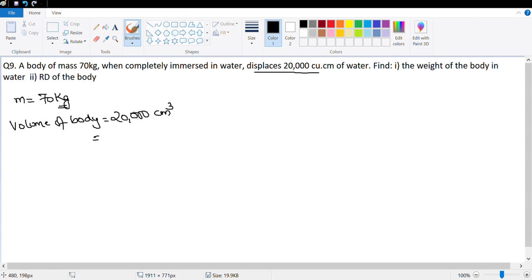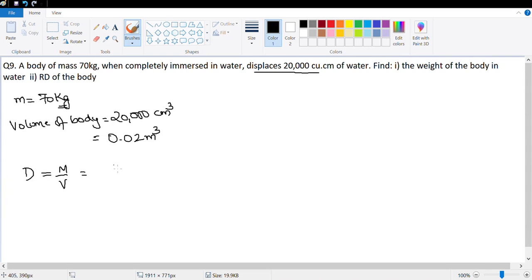10 to the power 6, which would mean this would become 0.02 meter cube. Next, we need to find the weight of the body in water and we need to find the relative density. So let's first find the density. Density is equal to mass upon volume.